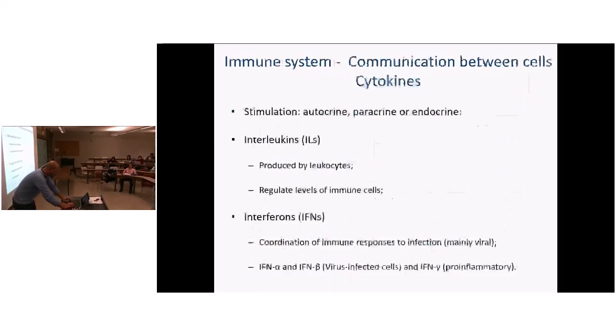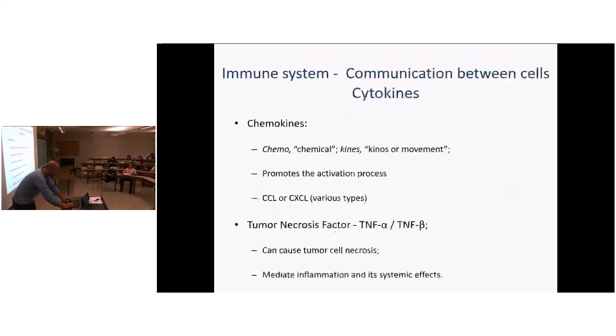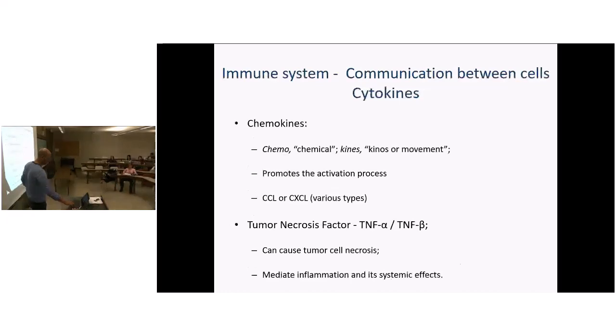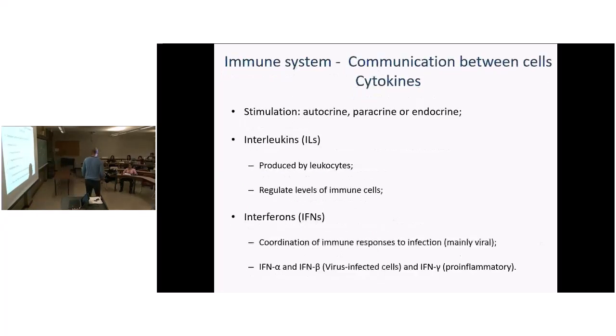Oh yeah. The next couple of slides are basically talking about some of this communication between cells. They call it here cytokines, and sometimes they call them chemokines. But the whole thing is something like this.